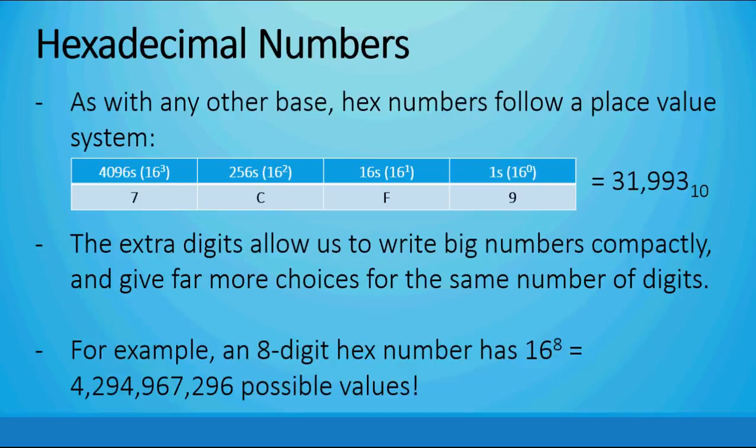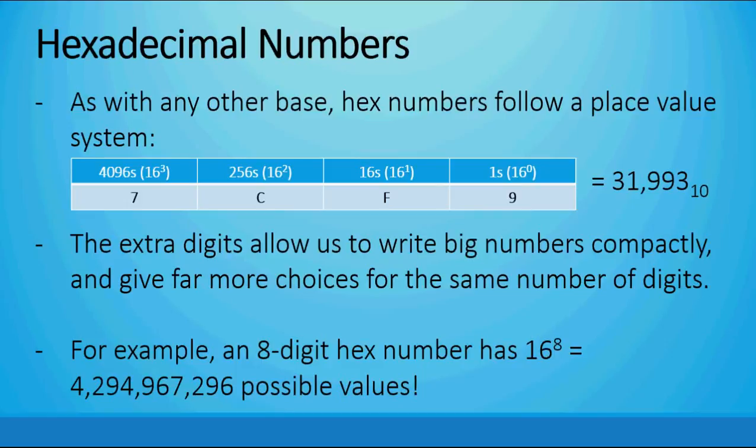And if you want 8 digits, let's think. 8-digit binary number, 2 to the 8, 256 numbers. Base 10, 100 million numbers. Hexadecimal, 8 digits, 4.29 billion different numbers in just 8 digits.